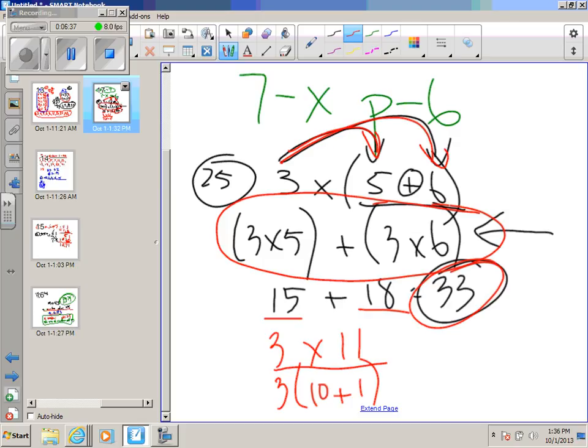Anything on 26 through 29? Order of operations.